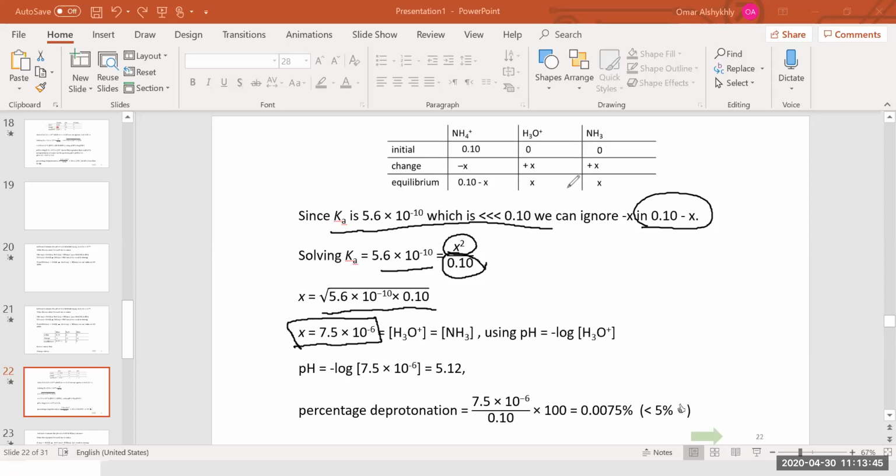And that will represent the H3O positive. And that will also represent the NH3. Using pH equal minus the logarithm of H3O positive, pH will equal 5.12.